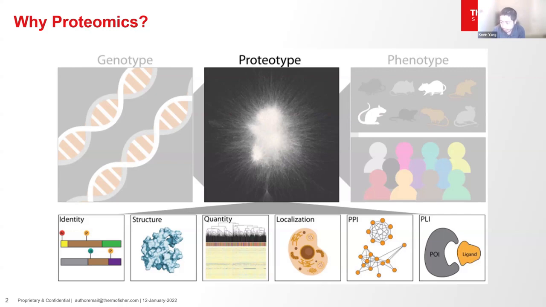You can identify the protein, quantify the protein. You can also study the structure of the protein, the localization of the protein in the cells or in the tissue, protein-protein interaction, protein-ligand interaction. So how can you adapt the proteomics workflow to all these applications in your research to address complicated biological questions?